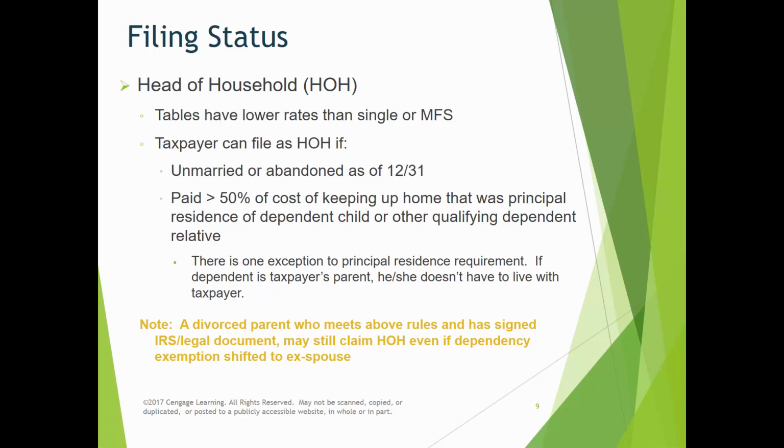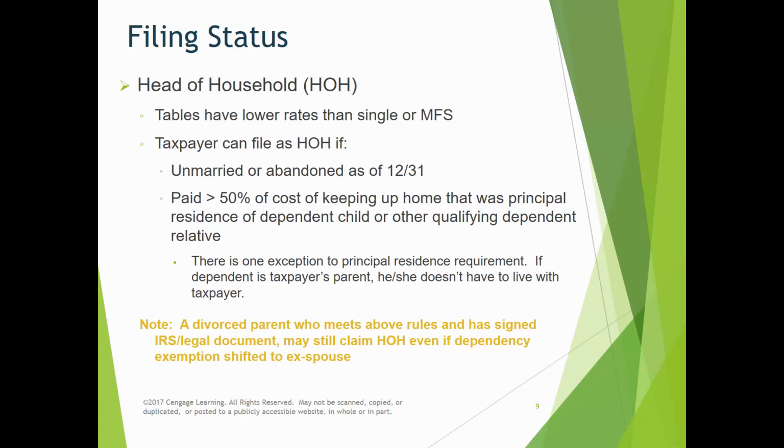Okay. The one exception is if one or both of your parents are your dependents. Now we're going to go through dependent requirements in a second. If one or both of your parents meet the qualifications as a dependent, you can get head of household even if they live on their own. In other words, they don't need to live in the home. So I paid for my mom to live in an assisted living facility.